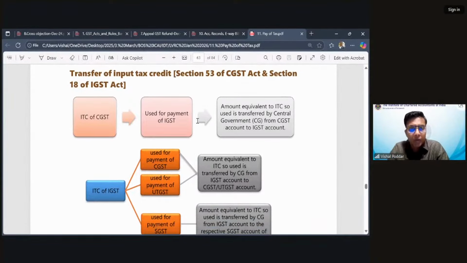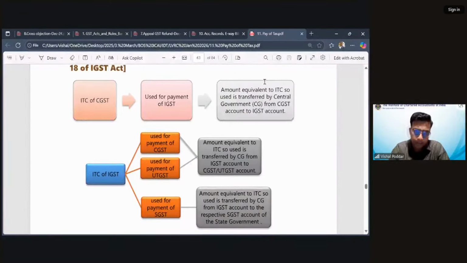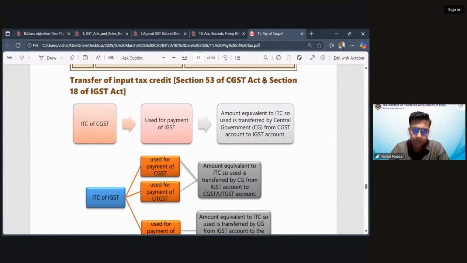Next, transfer of input tax credit, section 53 of the CGST Act and section 18 of the IGST Act. Now, what is this dealing with? ITC of CGST used for payment of IGST. We saw that after the ITC of CGST is used for CGST, if CGST credit is still left, and if there is some outstanding IGST liability, CGST will be utilized for discharge of IGST.